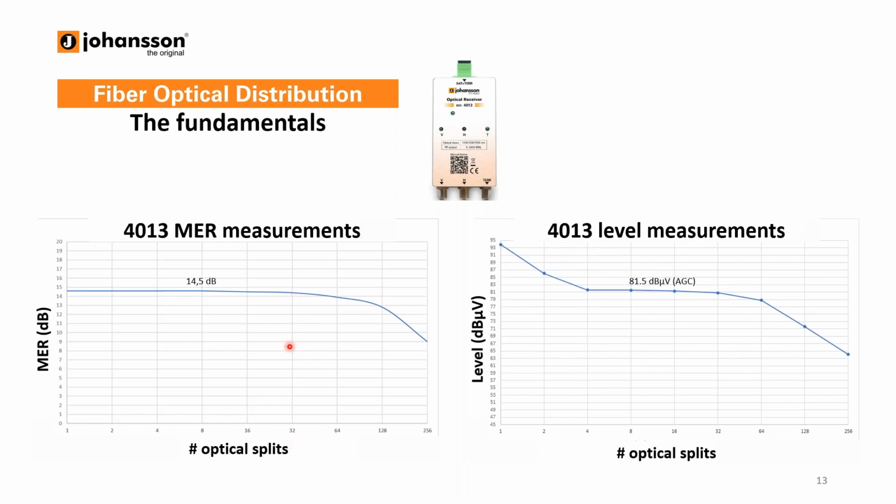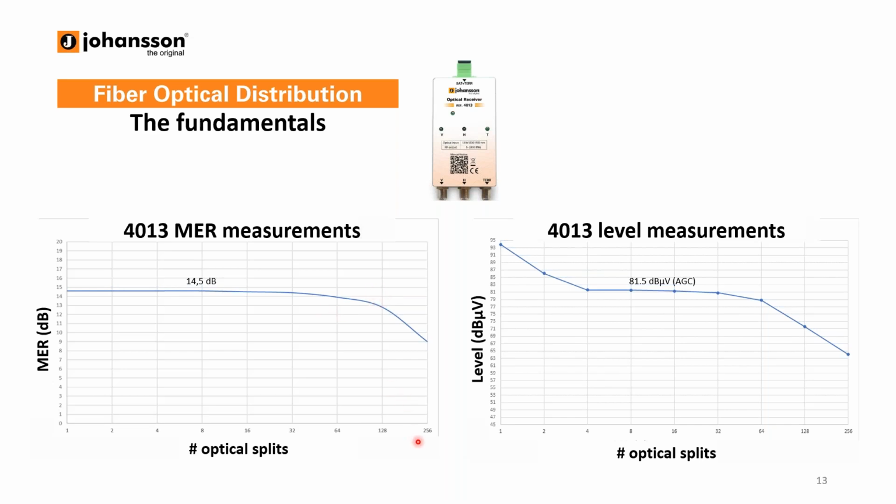Only at 32 splits, you see that it's slightly going down. Even at 64 splits, it only went down half a dB, which is nearly nothing. And even at 128 splits, the MER only dropped 1.5 dB, so still giving you 13 dB MER, which is still more than perfect.